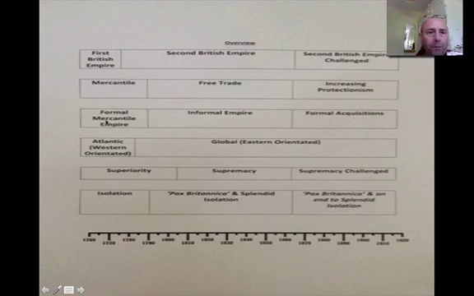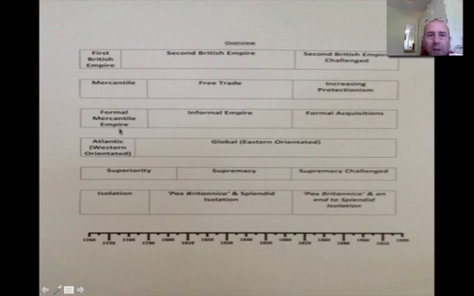The third one, Britain ran a formal mercantile empire. Now we already know mercantile is an economic system that we have to study, but when I refer to the term formal empire, I am referring to countries actually taking over parts of the world, running up their flag, and making it part of their own. That was what the British had a taste for up until around the end of the 18th century.